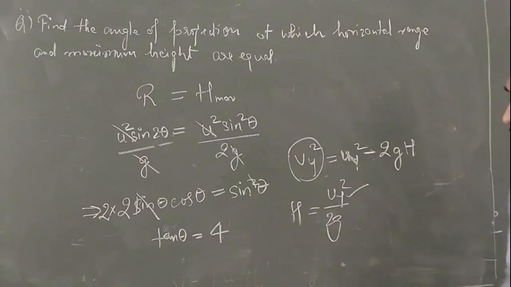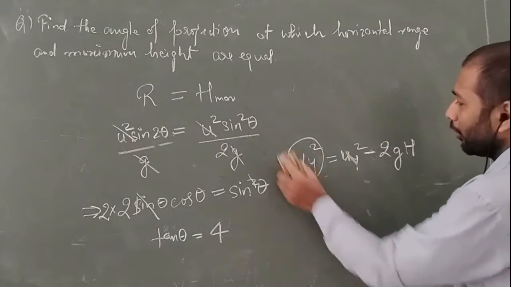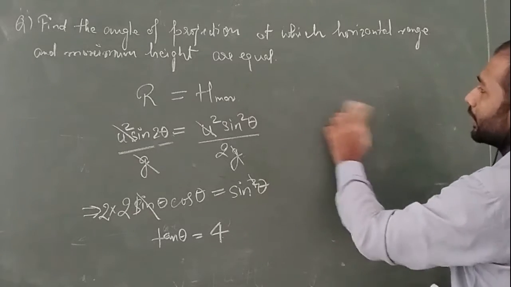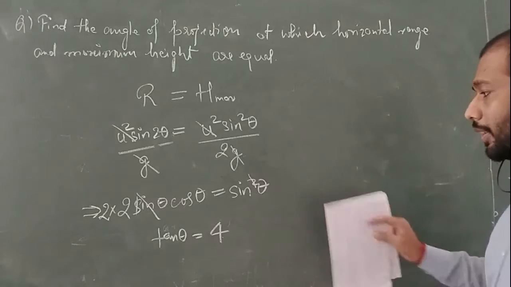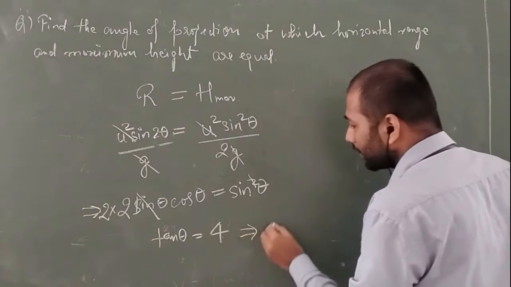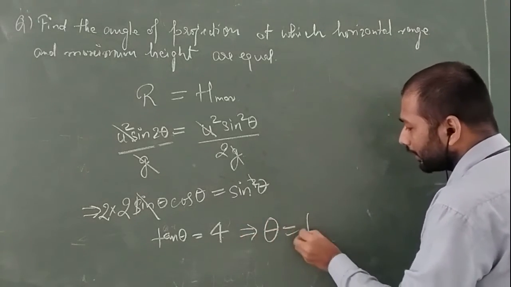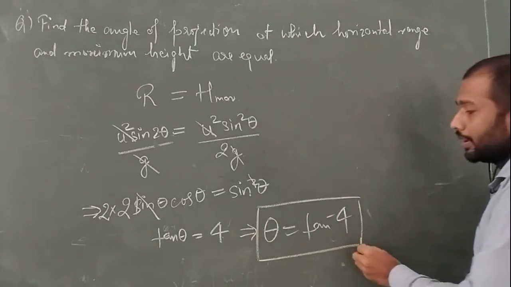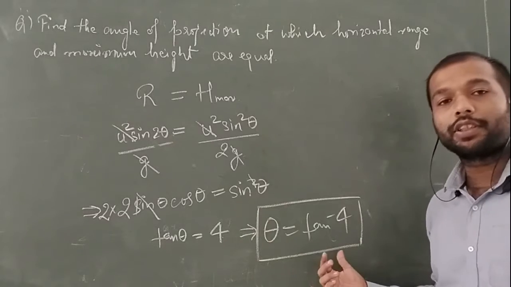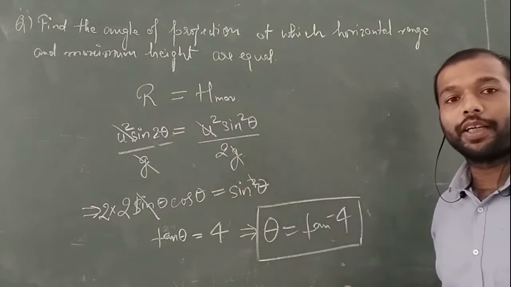We don't know the exact value for tan theta equal to 4, so you can leave your answer over here as theta is equal to tan inverse 4. This is the angle at which both our range and the maximum height will be equal.